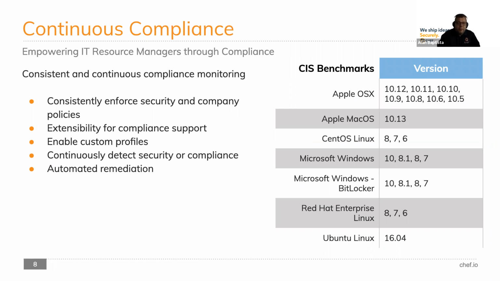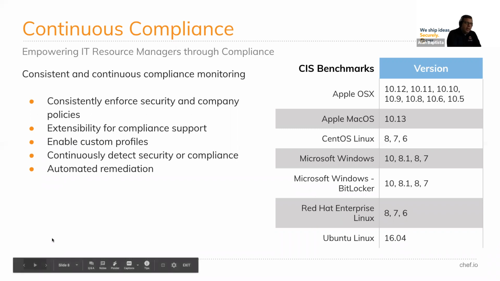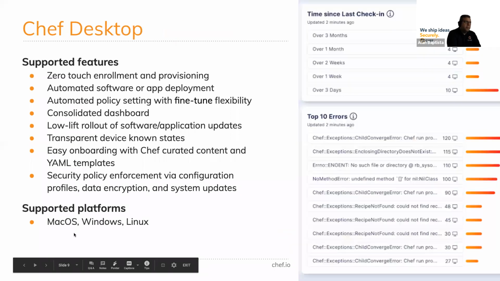You're now able to cover your compliance for your devices. And you're able to also create these custom profiles depending on your enterprise needs. You're able to continuously detect the status, but also correct those drifts from compliance that you may see happen throughout time through all this automated remediation. That's also a capability and a functionality here.